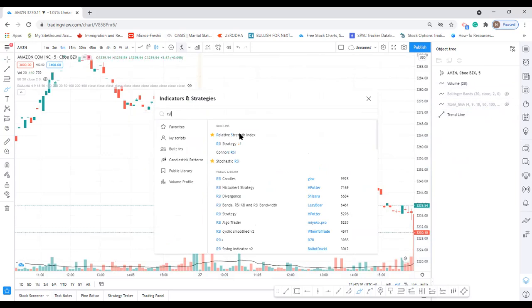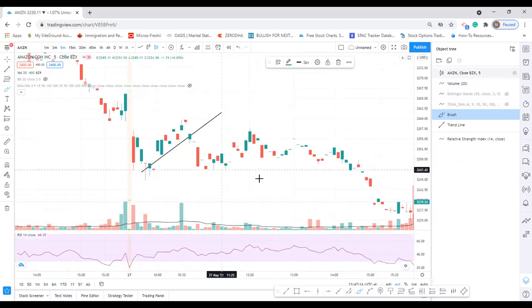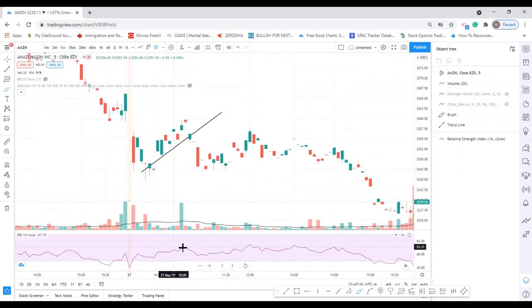Okay, RSI. Did RSI give you a signal that it wanted to fall? No, because RSI is around 50. How are you going to know that the price is going to fall from RSI?